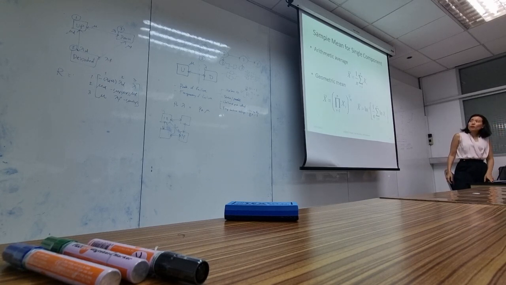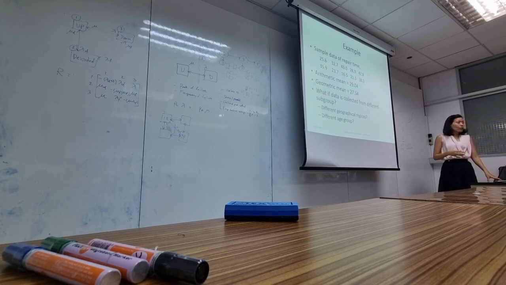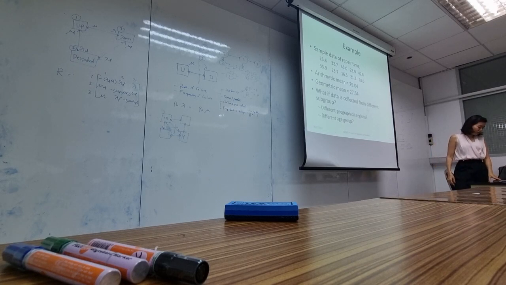For the sample means, you have the arithmetic average, and you also have what they call a geometric mean. The geometric mean helps you take care of the extreme points better. But when you have the data, you should be careful.